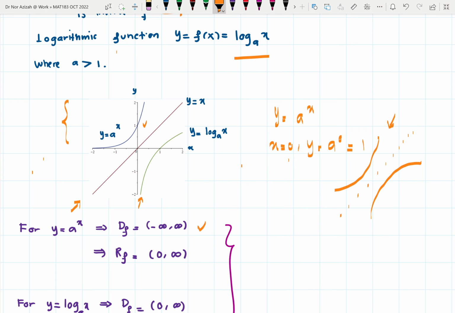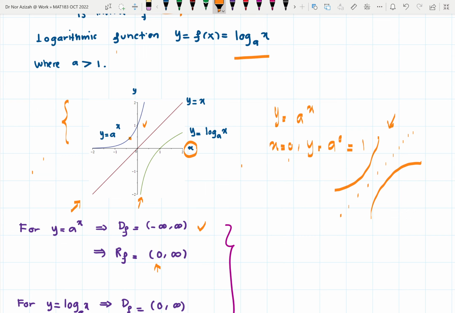Y equals 0 is actually the x-axis. So the range is 0 until infinity. Why is 0 not included? Because this curve gets close to the line y equals 0, but does not touch it. That is why 0 is not included.